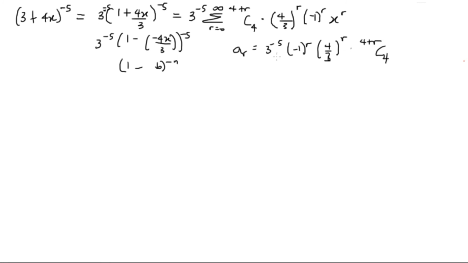Then I will say r is equal to 2n, because it has to do with positive and negative, so that I'll be able to track out only the even, the positive coefficient.